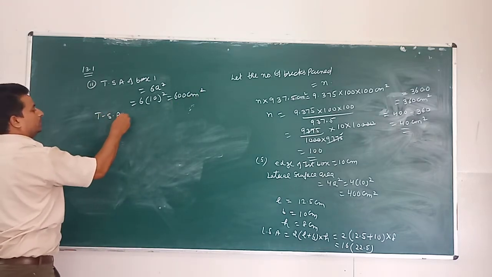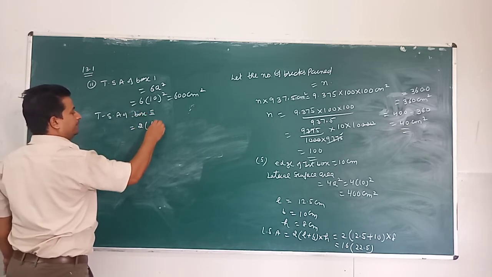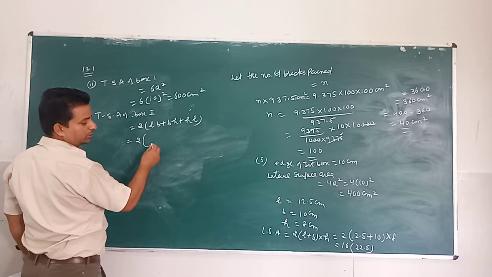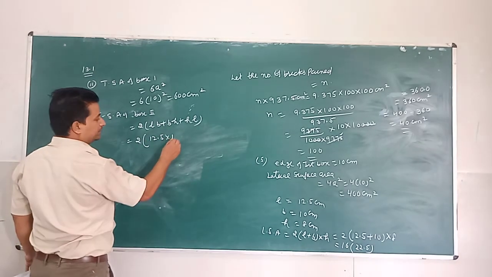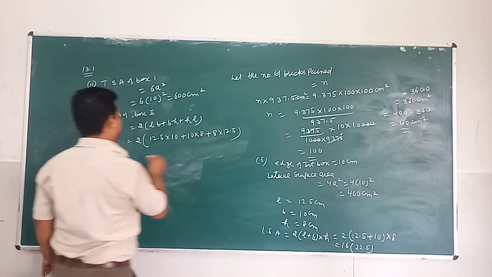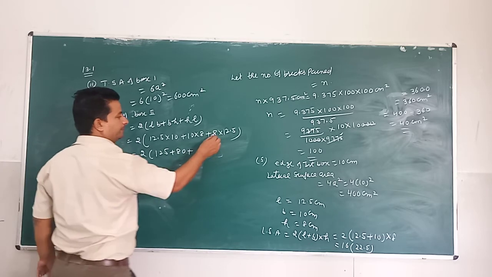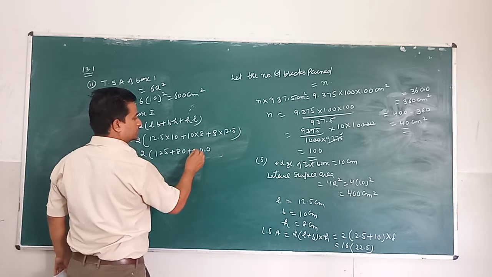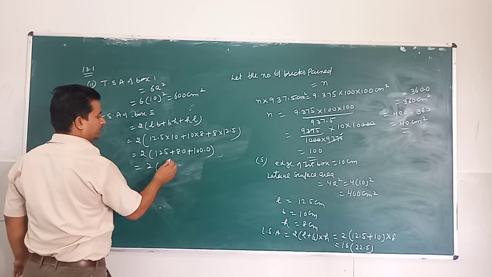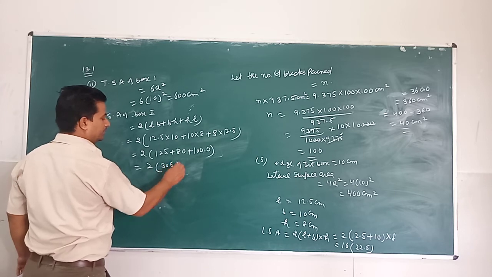The total surface area of the second box is 2 times LB plus BH plus HL, which is 2 times 125 plus 80 plus 100, which is 2 times 305.